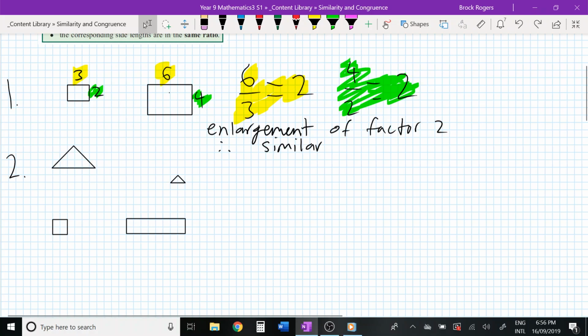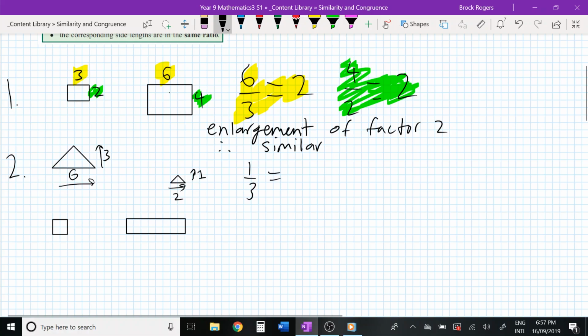Looking at the second example here, we can see that we have a height of 3 for this triangle, a height of 1 for this triangle, and we also have a base of 1, 2, 3, 4, 5, 6 approximately for this triangle, and a base of 2 for this triangle. In this case, we have gone from a height of 3 to 1.